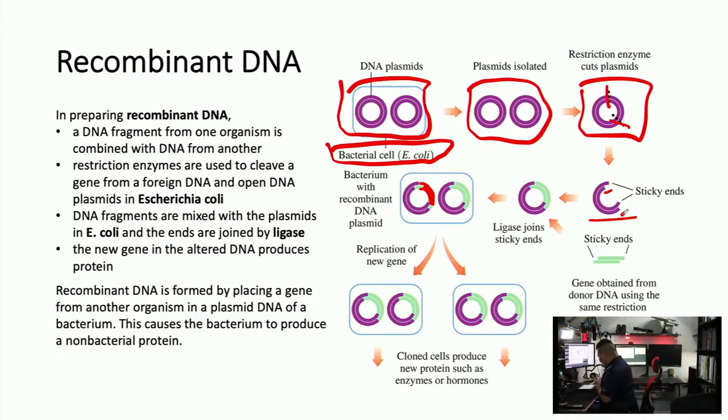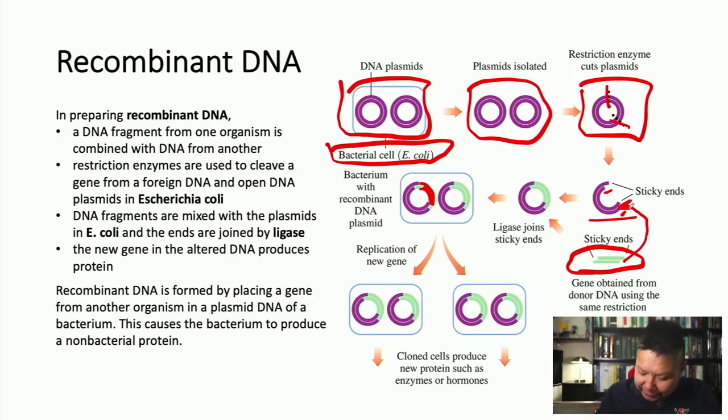And then we'll amplify the luciferase gene that we got from dinoflagellates, and we'll give it sticky ends too, or overhangs too, where one side of the double helix is longer than the other. And it complements the end of the plasmid that got digested, with the overhangs. It makes it so that the gene fits perfectly into the plasmid.